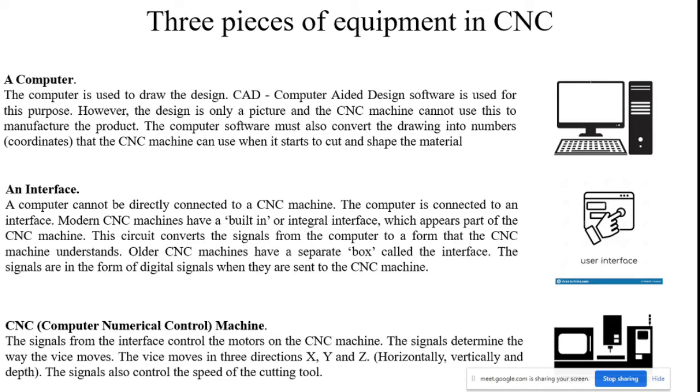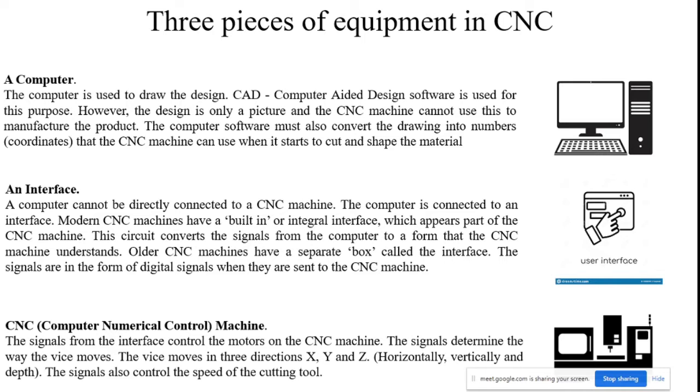What is the role of the computer console in a numerical control machine? The computer is used to draw the design. The initial step is to draw the design with the aid of computer aided design software like AutoCAD, SolidWorks, Unigraphics and CATIA. From this we can draw the sketches.